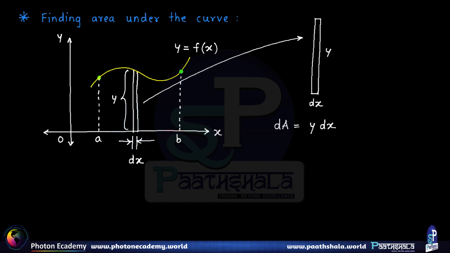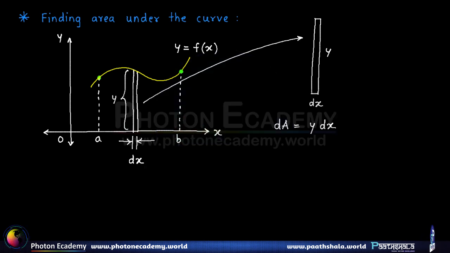Now to cover the entire region, we must consider all the strips present in the region, and there will be infinitely many such strips because the width of each strip is infinitesimally small. It's not a finite width. Since there are infinitely many strips, we cannot simply add them in a discrete way.